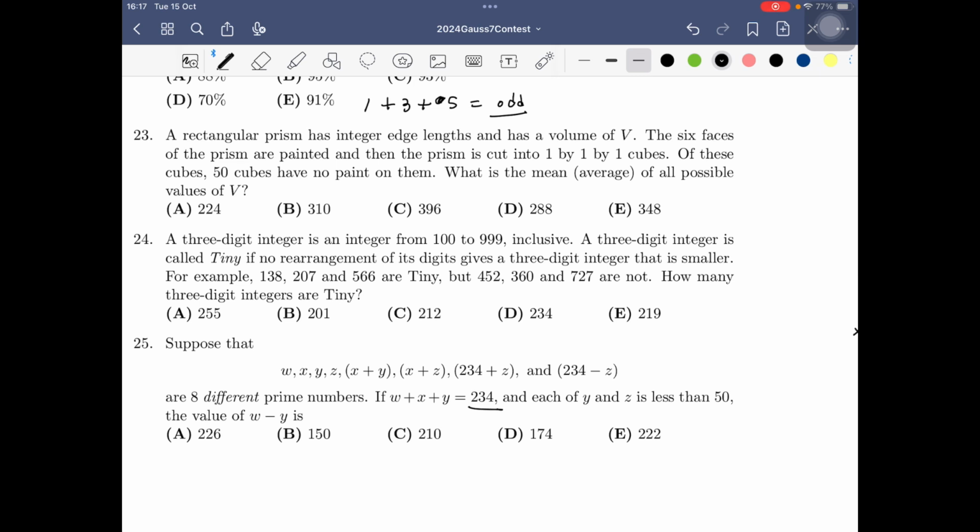But this is an even number. It means maybe one of them is an even number. So 2, 3, 5, this is an even number. Because now we are talking about prime numbers, so we need to make the cases a little bit more concentrated. So now we understand one of these can be 2.